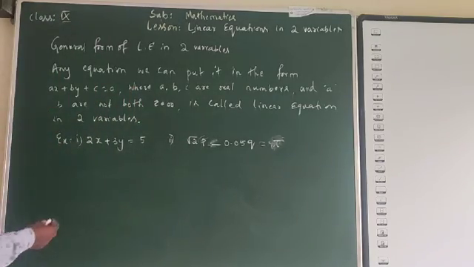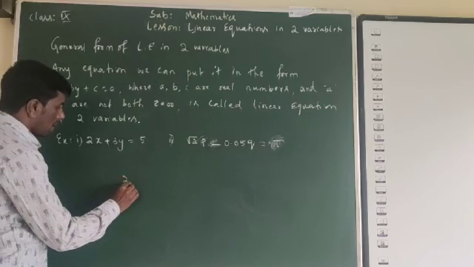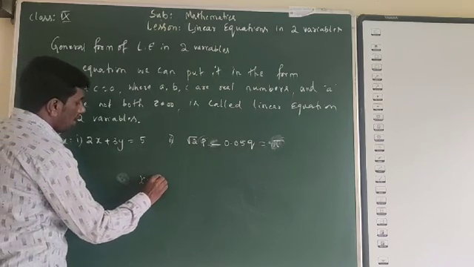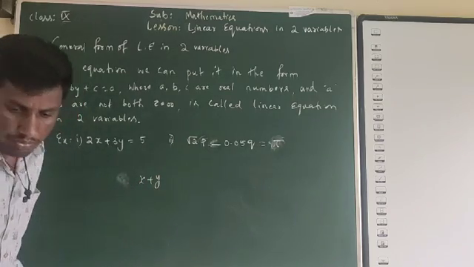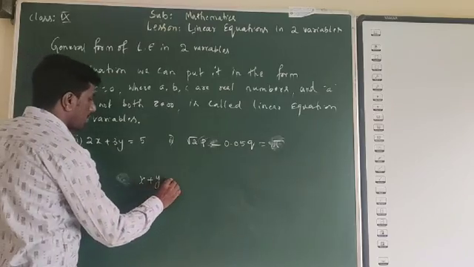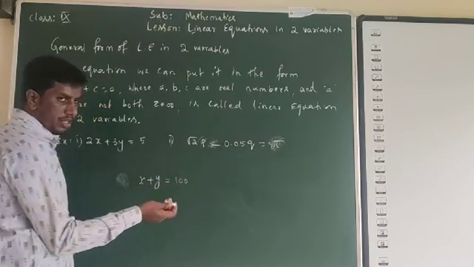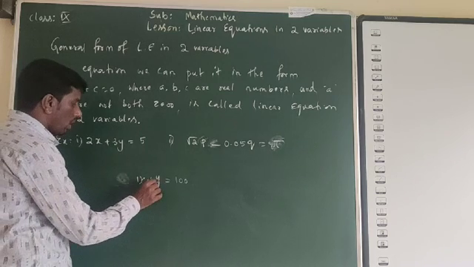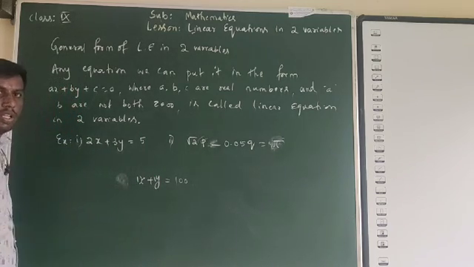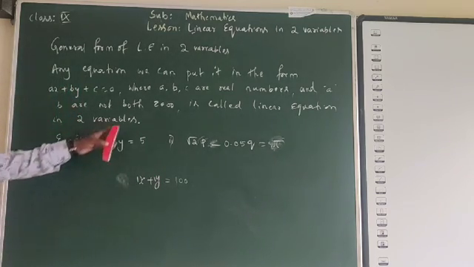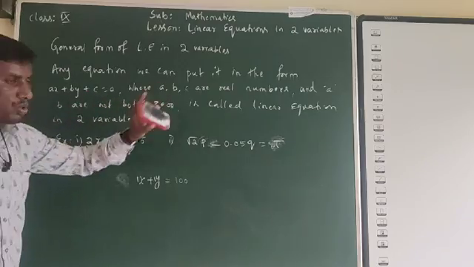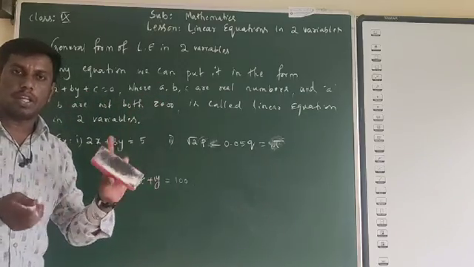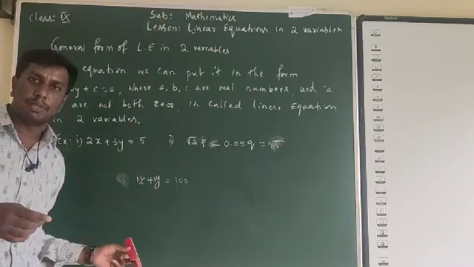Why have they mentioned that condition? Suppose I have written x plus y is equal to 100. The coefficient of each is 1. Now, why have they mentioned that a and b are not both 0? If either a or b becomes 0, what will happen?